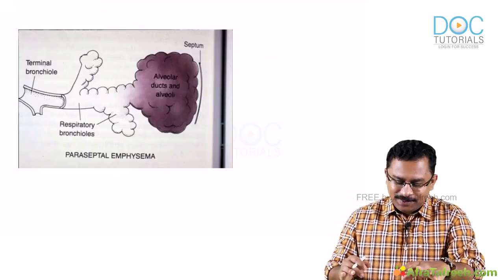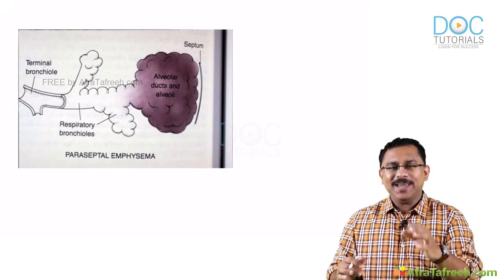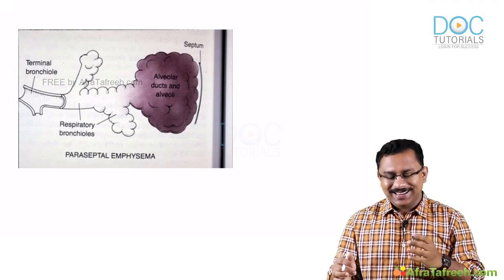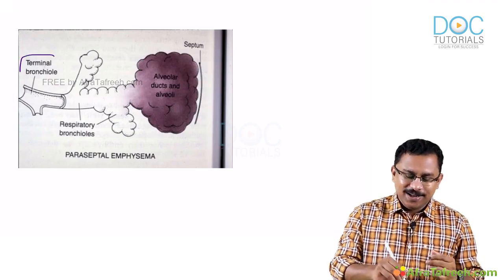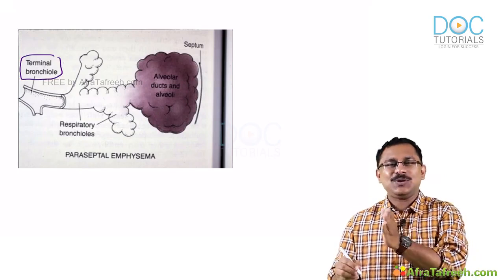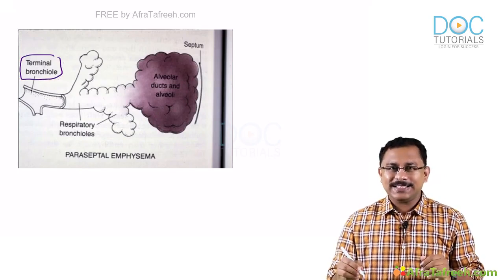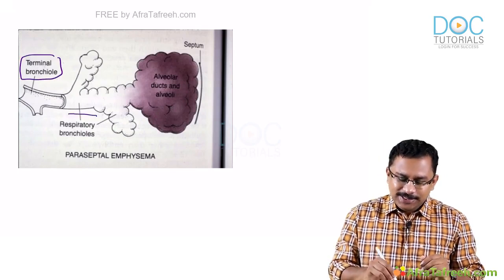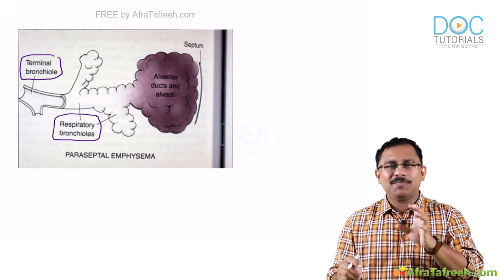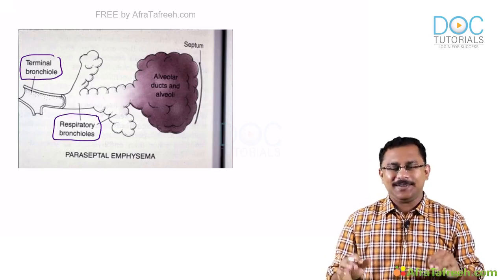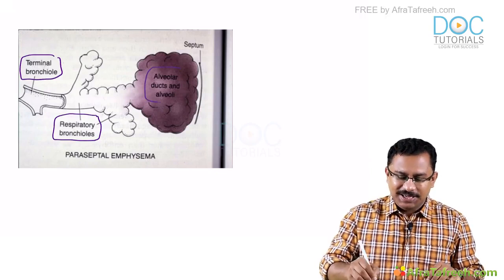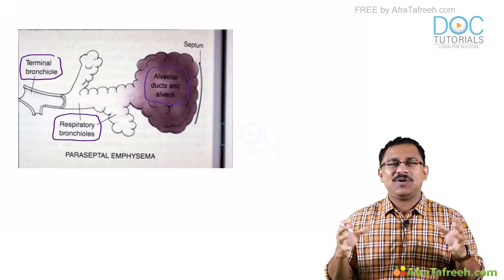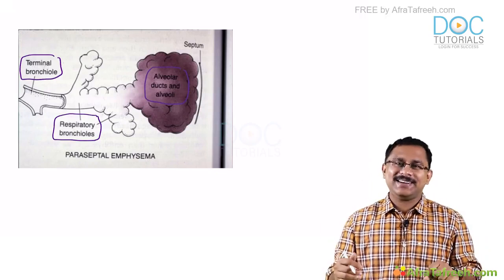Now next is the next subtype. Let's see the next subtype. See, the next subtype is where you can see that this is the terminal bronchiole, and you know that distal to the terminal bronchiole is the respiratory acinus. So in this pattern you can see the respiratory bronchioles are more or less spared. But you see the alveolar ducts and the alveoli are very much dilated.